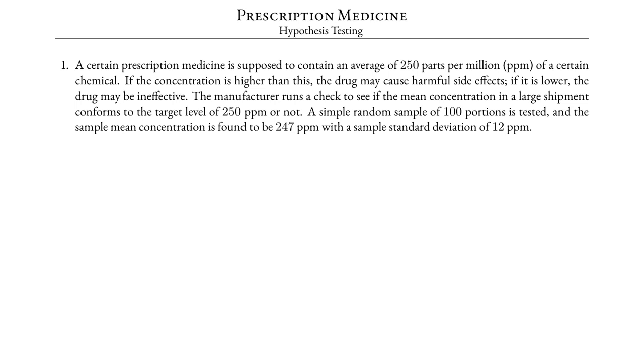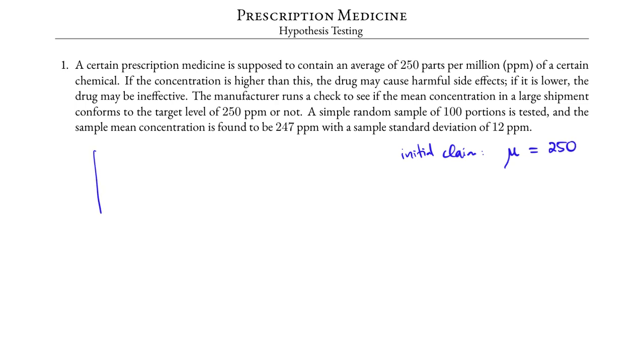A simple random sample of 100 portions is tested, and the sample mean concentration is found to be 247 ppm, with a sample standard deviation of 12 ppm. This is essentially the hypothesis test problem with the initial claim of whether the mean concentration mu is meeting the target 250 or not.